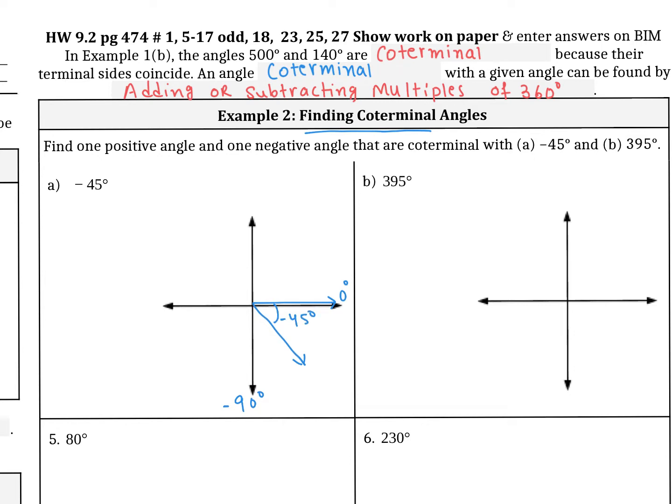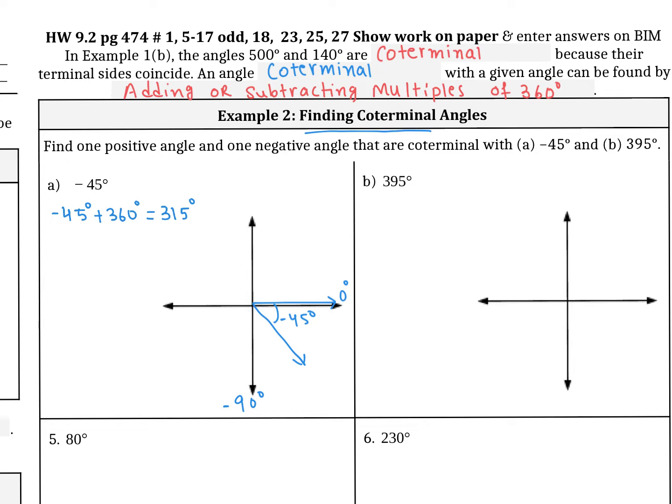We want to find the coterminal side for negative 45. It means that we are going to go from the other side and add 360 to negative 45. So add 360 to negative 45. You're going to get 315.